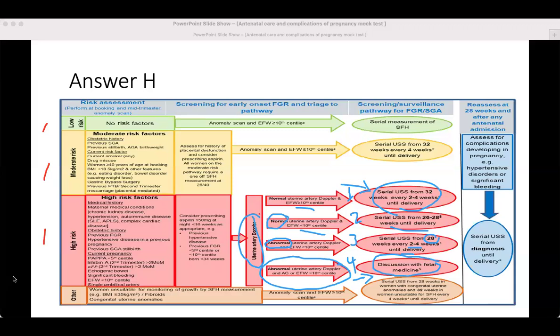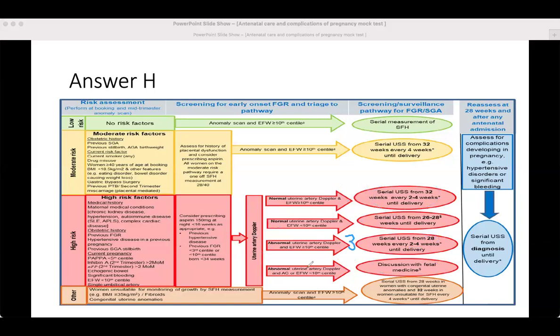Yes. So, my friends, abnormal Doppler is not only one condition. Abnormal Doppler is in condition number 3 and number 4. Let's repeat it again. Is it abnormal Doppler with normal weight? This is condition number 3.